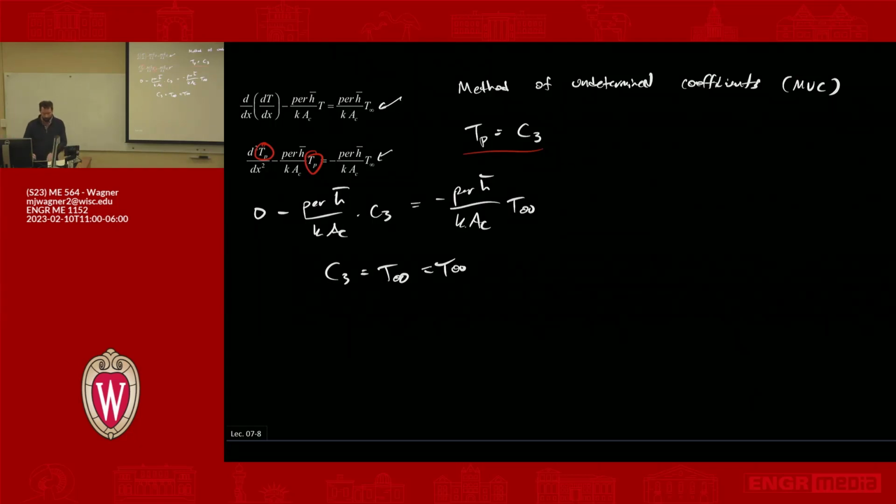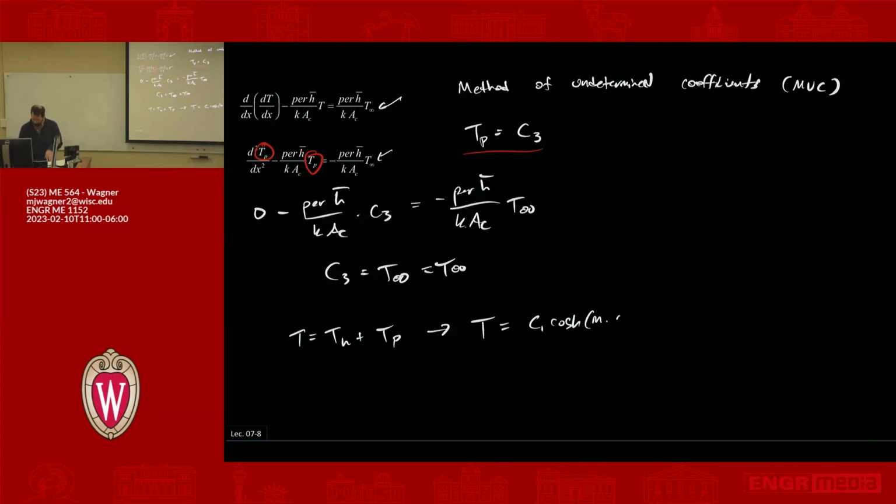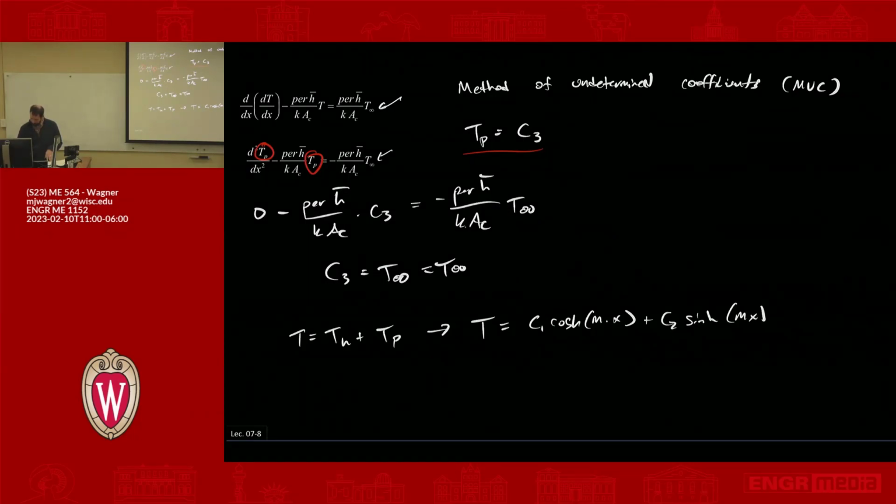So now what we have left to do is to add the two pieces back together, because originally we said T is Th plus Tp. So now my full solution is going to be T is equal to the part we had before, which was C1 cosh of m times x plus C2 sinh of m times x plus Tp, which is T infinity.